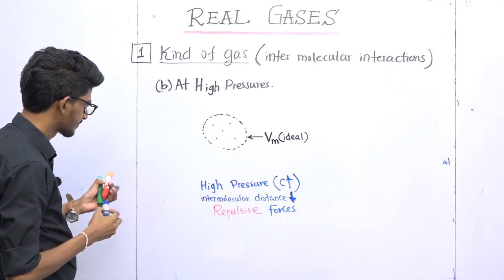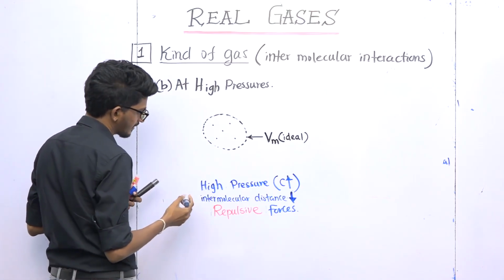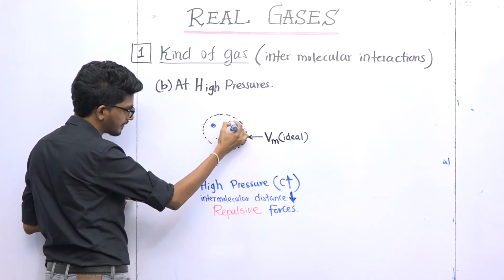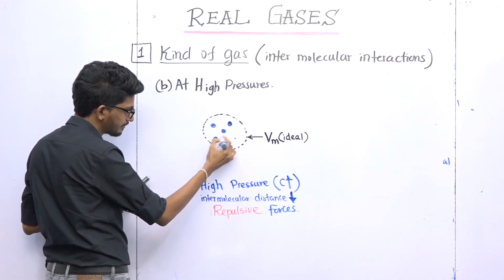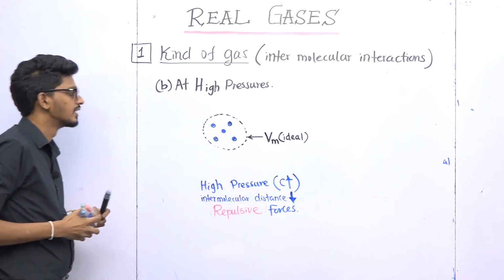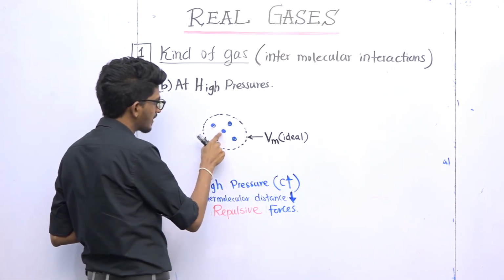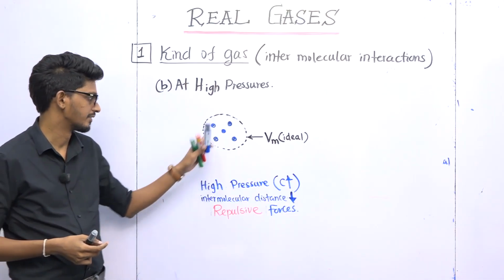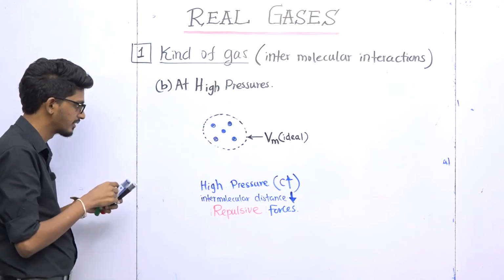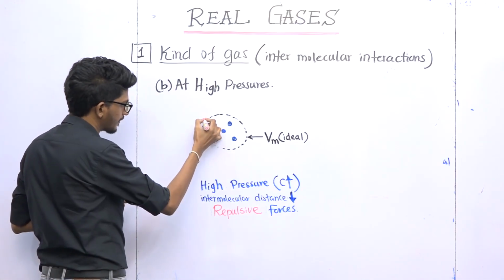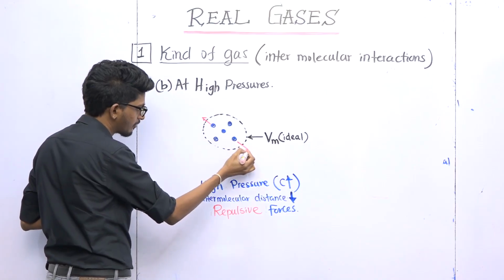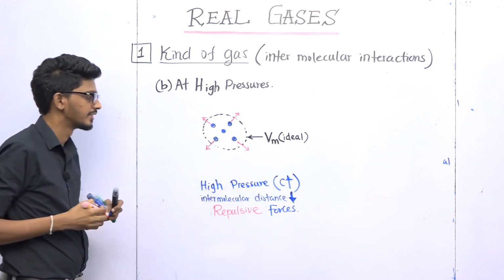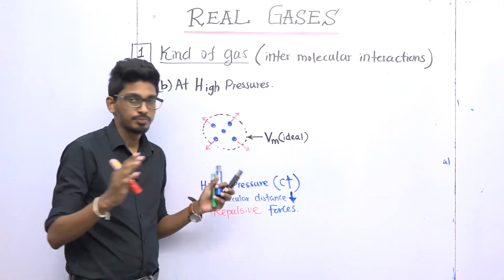But now we are concerned about real gases. If these gas molecules are real gases like this, then what will happen? These guys are very close to each other, so repulsive forces will occur, as real gases have intermolecular interactions. They will repel from each other, which means a kind of expansion of the gas.